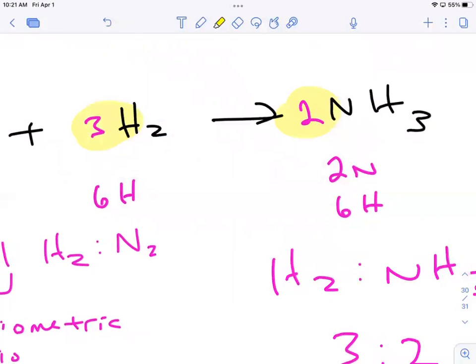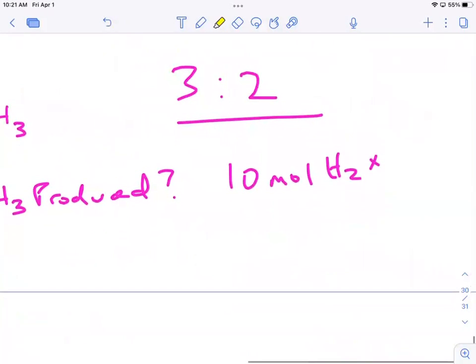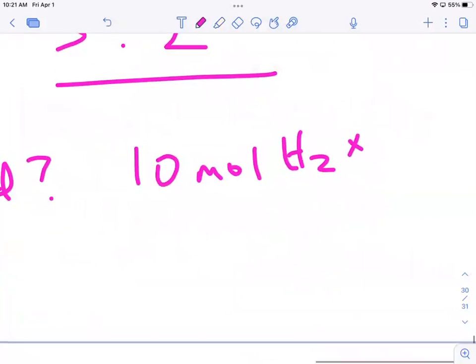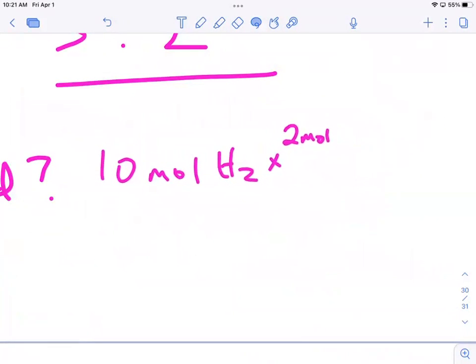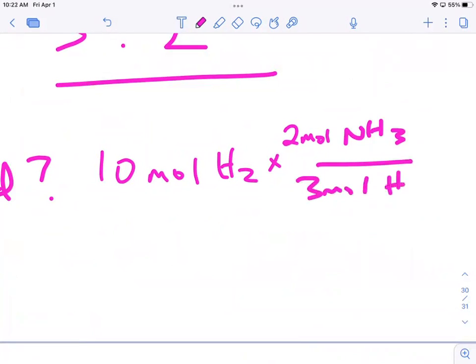That's how I convert. Now the moles of H2 are going to cancel. Is that right? Can somebody calculate that for me real quick? What would you get?